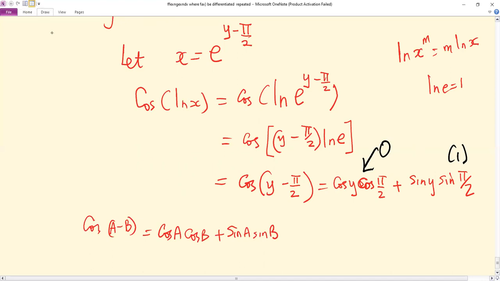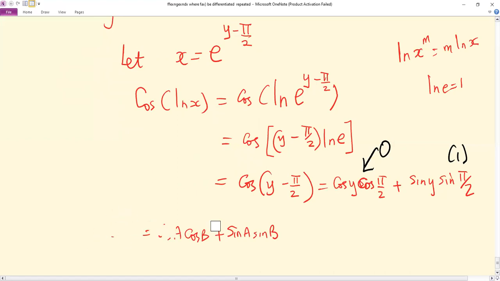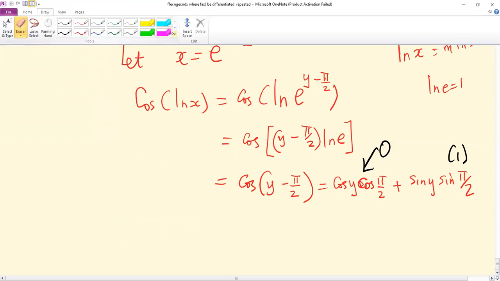So which means that cos of ln of x, with the substitution x equals e raised power y minus pi over 2, is the same as sine of y.